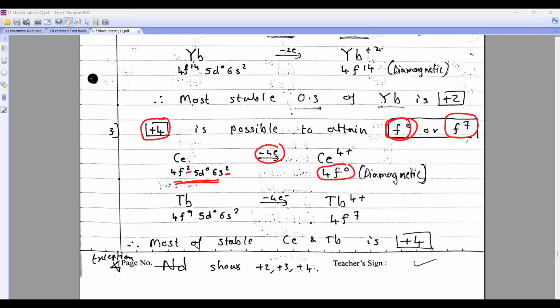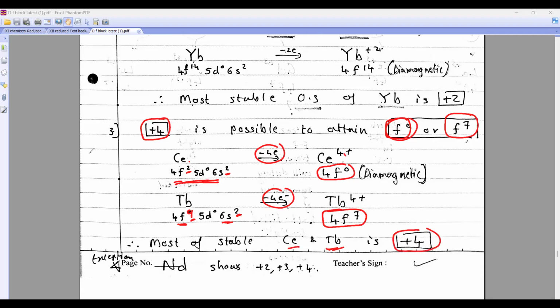So the most stable oxidation state of cerium is +4. Similarly, terbium was 4f9, 6s2. It loses 4 electrons, 2 will go from here, 2 will go from here, so it will become 4f7. Clear? So the most stable oxidation state of cerium and terbium is +4.